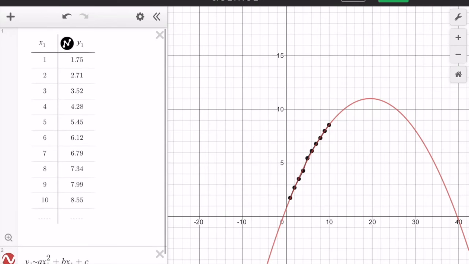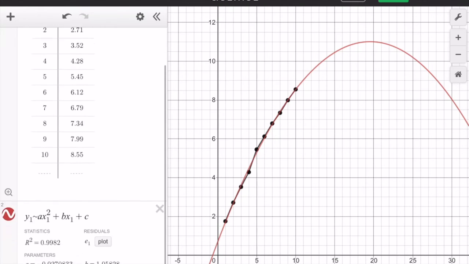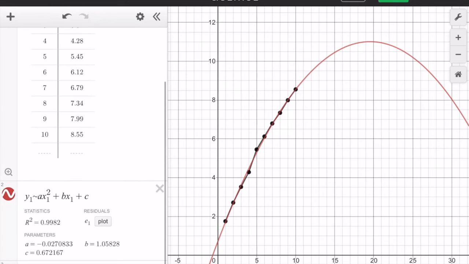So even with all of this recording, the coach didn't record the highest value. And you can see over here that the vertex is probably really close to 19 or 20. So we have the data points, and with Desmos, it gives you the equation over here.